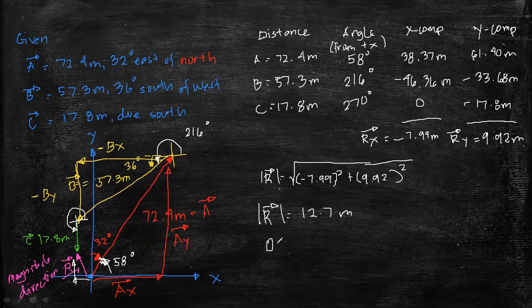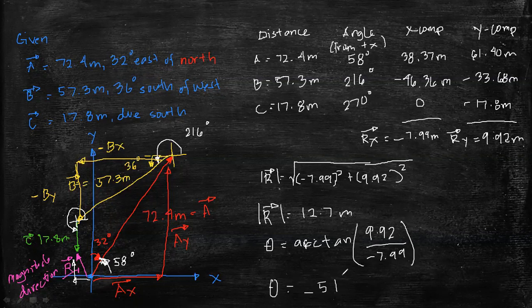To solve for the angle, we use arctangent of 9.92 over negative 7.99, which will give us negative 51 degrees, which means 51 degrees from the negative x-axis.